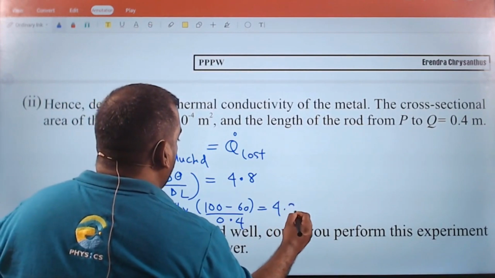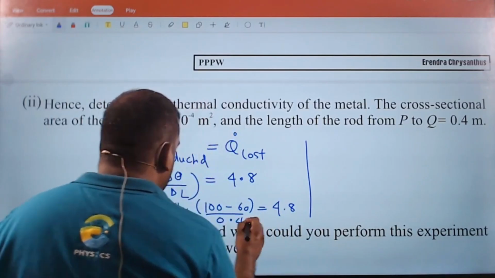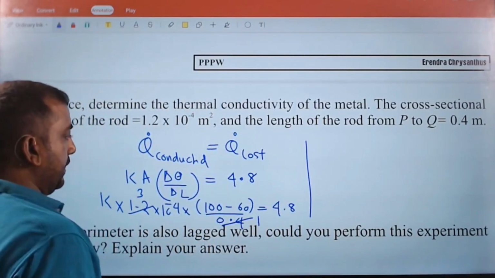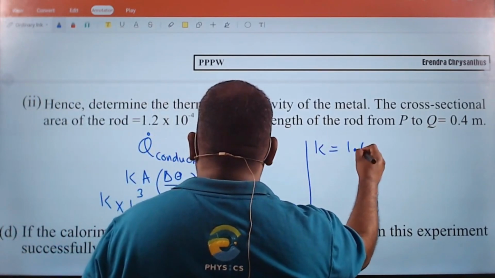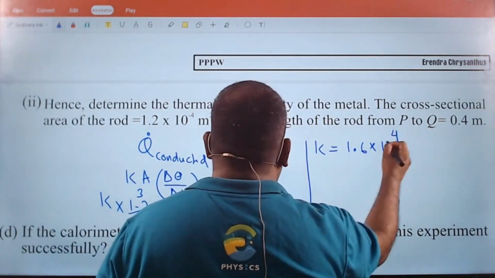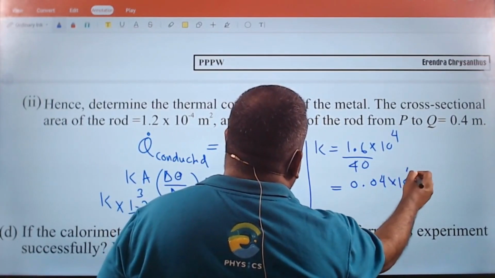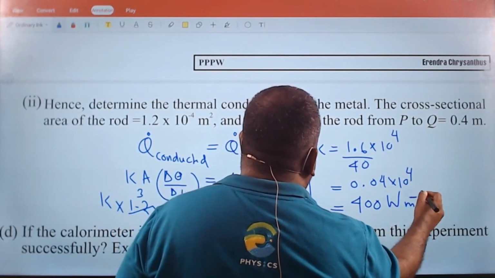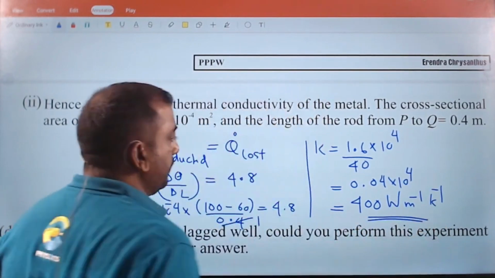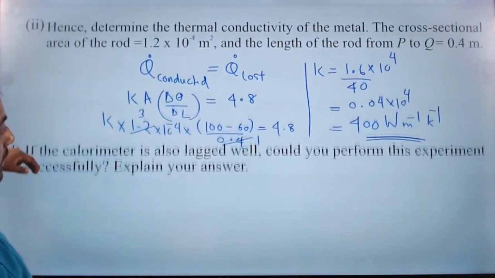That is equal to 4.8. Simplify this. 1.6 times 10 to the power 4 divided by 40, 0.04 times 10 to the power 4. 400 watt per meter per Kelvin.